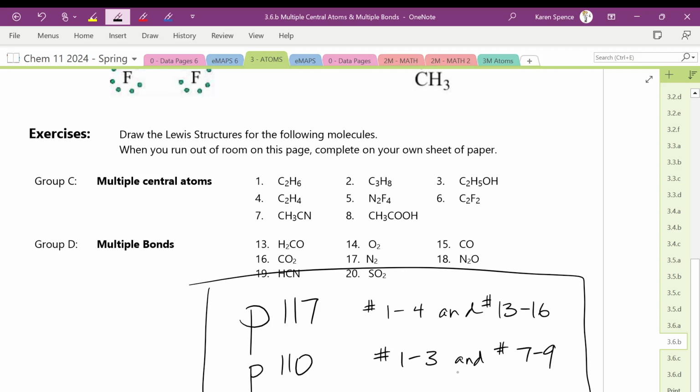Because what you gotta do is create the skeleton structure first. Remember what all means. Beryllium is special. How many does beryllium need?